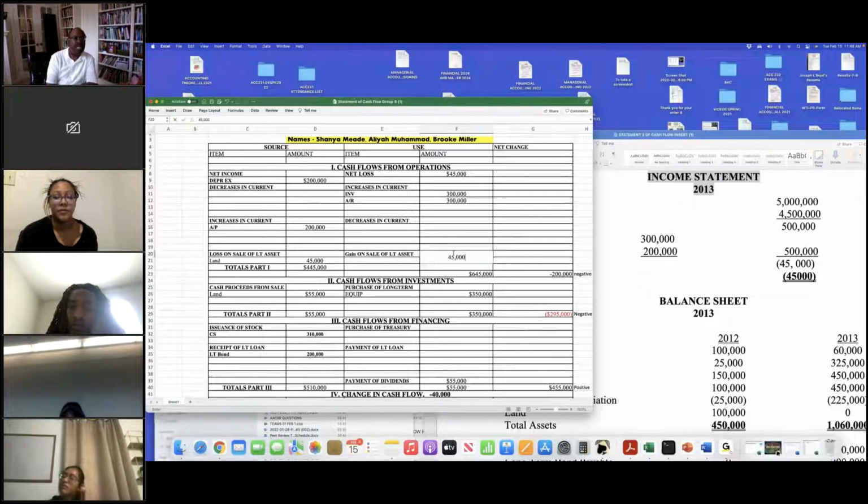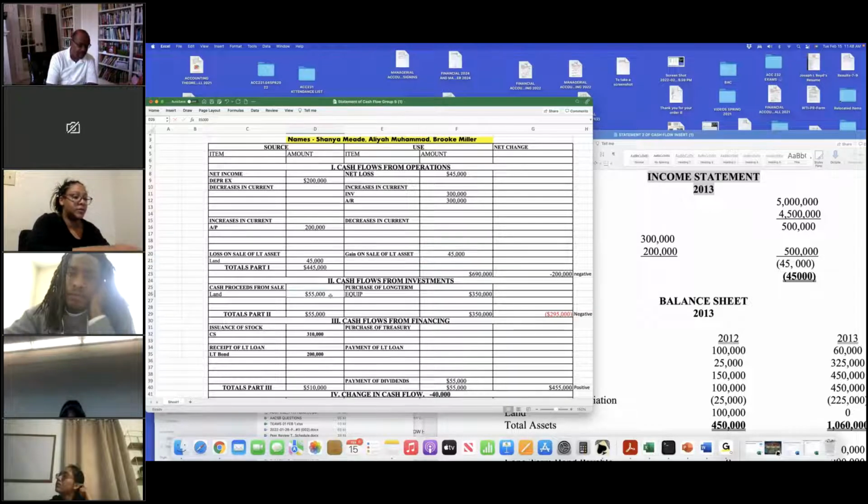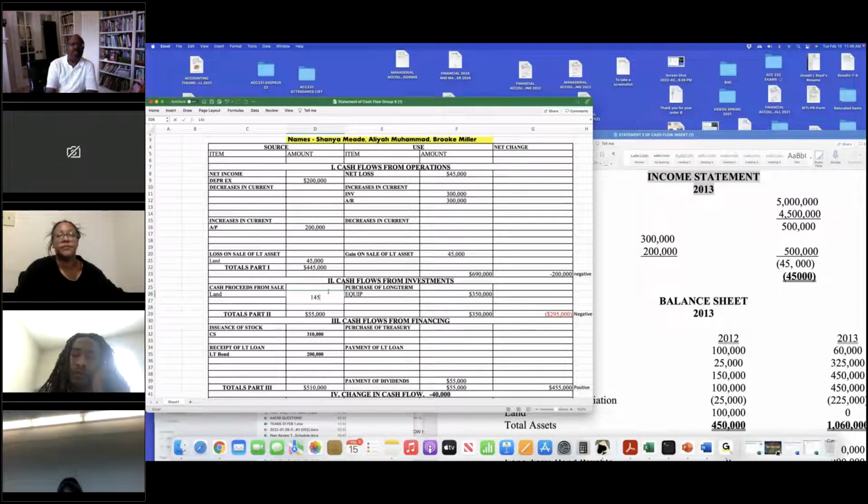But then the sales proceeds are now going to be 145. So if there is a loss, you subtract from the cost. If it's a gain, you add to the cost. Any other questions?